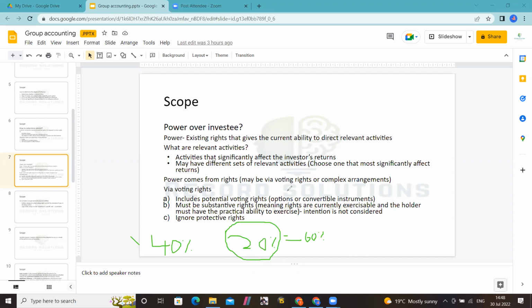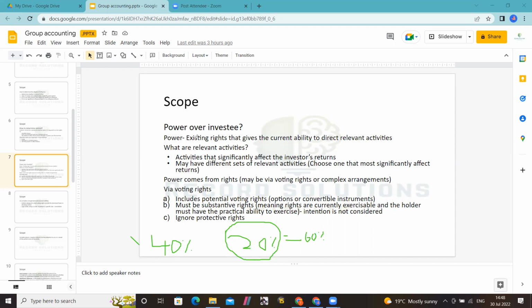However, he only controls the entity in this scenario if these options or convertible instruments can be exercised now, at the acquisition date. If you are unable to exercise them at acquisition, you don't consider them.